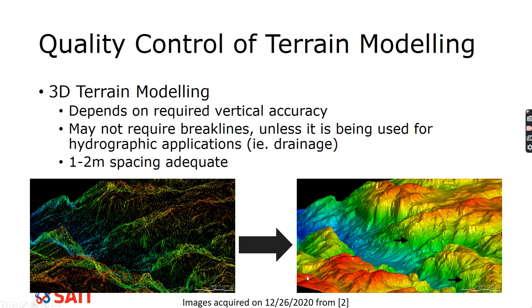Anyway, if you go over to the number 2, they actually have a different meaning, but I'm going to use them for my own purposes. You might not need break lines, for example, in a 3D model, because you have enough information to create that visualization.